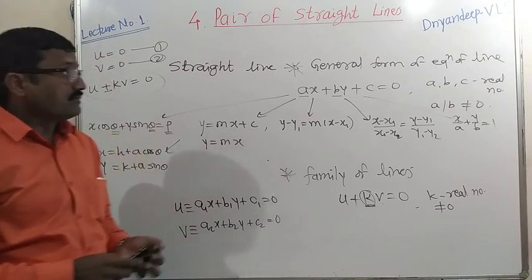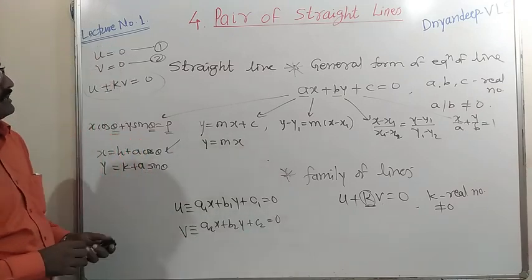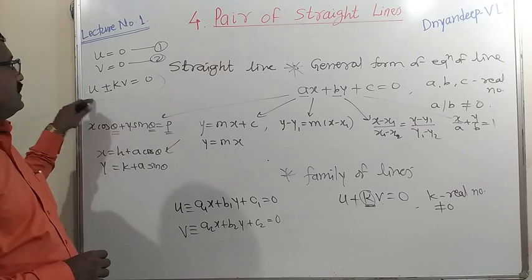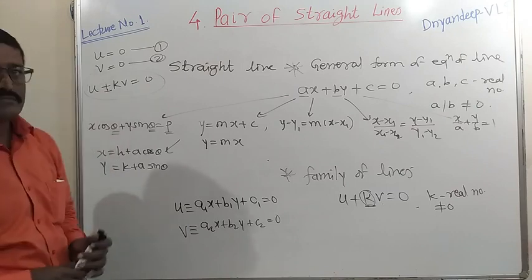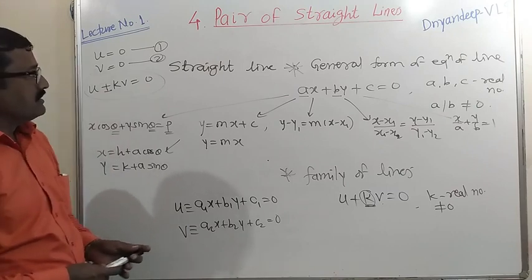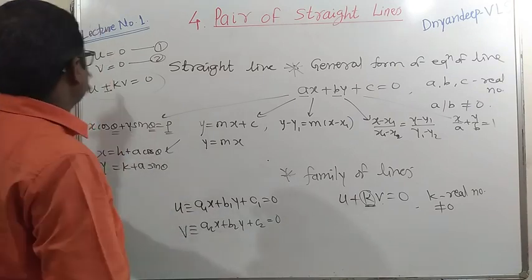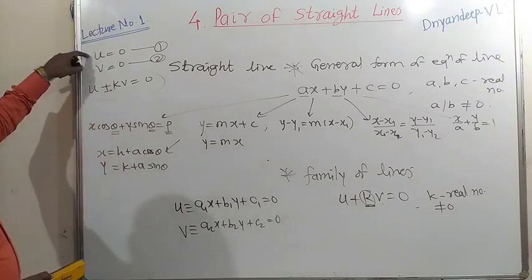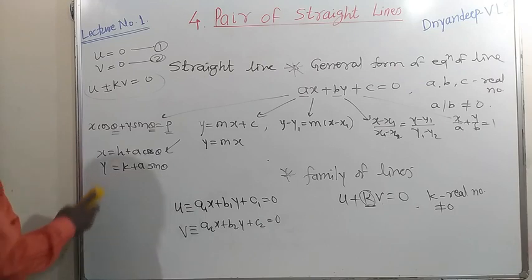Now in this class, what we will start at this stage, we will take the multiplication of these two equations, and let us see what happens if we take the multiplication of the equations of the given straight lines.